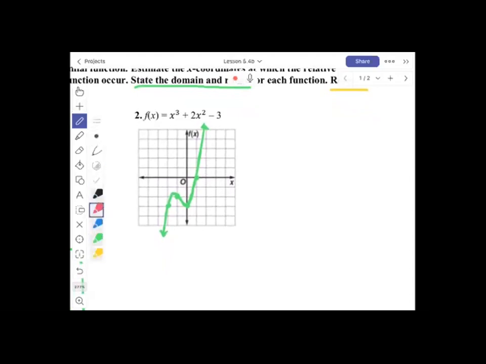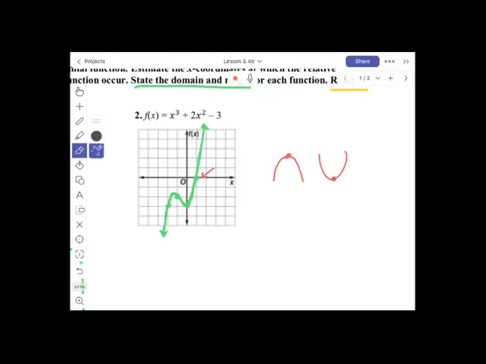The 1, 0, this one right here? Yeah. That one I would say is not either a relative max or relative min, because a max would be at the top of the hill, or a min would be at the bottom of a ditch. So that point hits the x-axis, but it's not at the top of a hill or at the bottom either. Does that make sense?